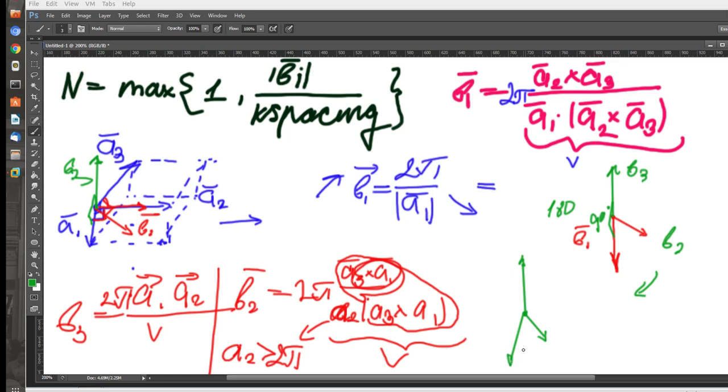And as you can see, here the angle was less than 90 degrees, but in reciprocal space that angle increased, and the angle is equal to some number that is obviously more than 90 degrees. That is what happens.